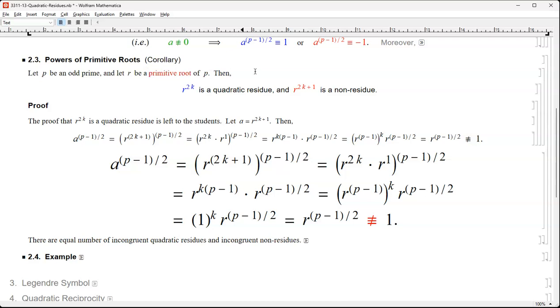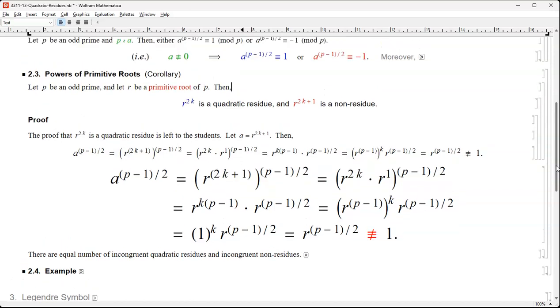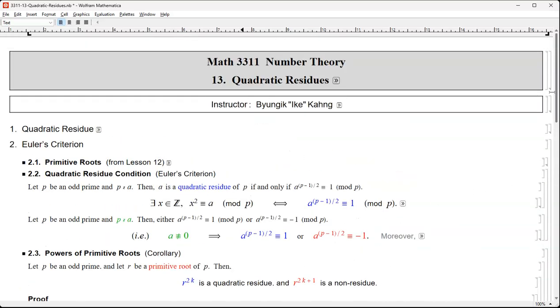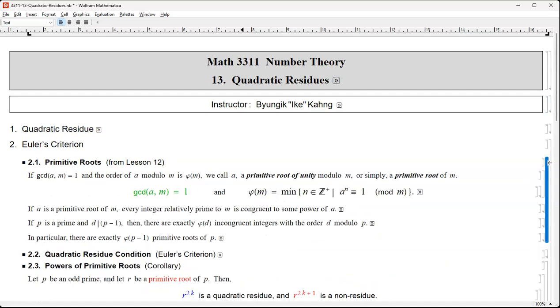It's a primitive root of p, so the modular order has to be p minus 1, but this is less than p minus 1. You see? Go back to this definition of primitive root. The order of a modulo p must be equal to phi of p.